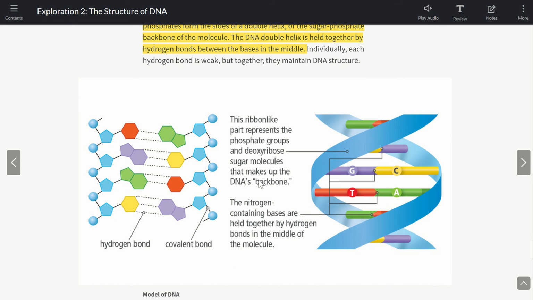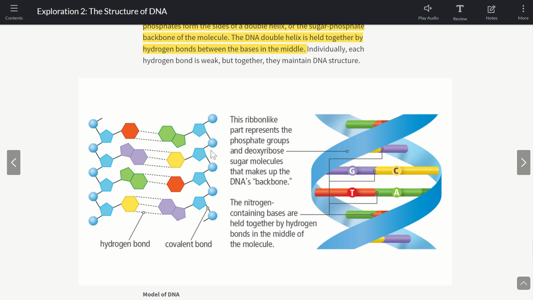But again, just make sure you understand this picture, okay? Each side of the strand is made up of nucleotides that are connected to each other by covalent bonds. The two strands together are connected by hydrogen bonds, much weaker, much easier to break, also much easier to reform. Now, the side of a DNA molecule is called a backbone. It actually kind of even looks like a vertebrae.